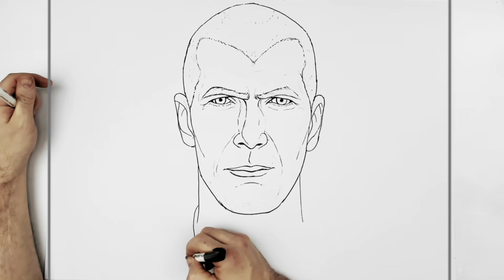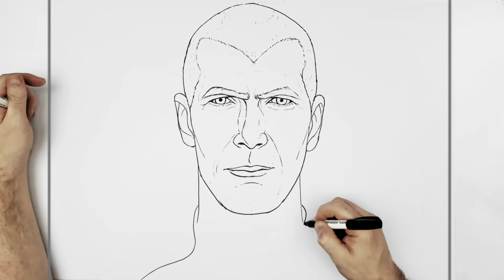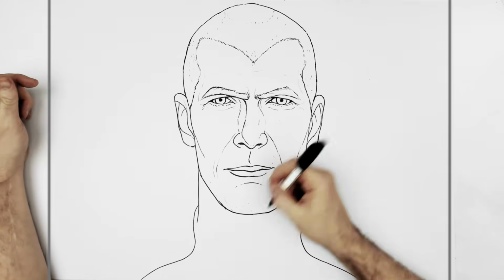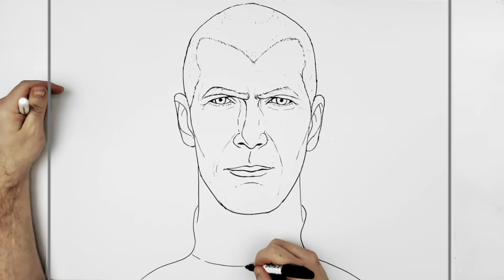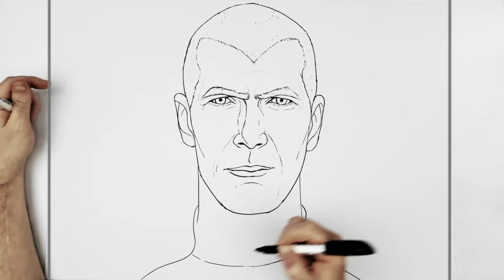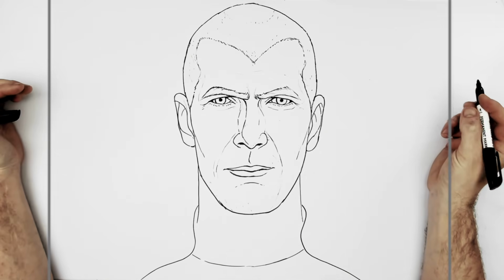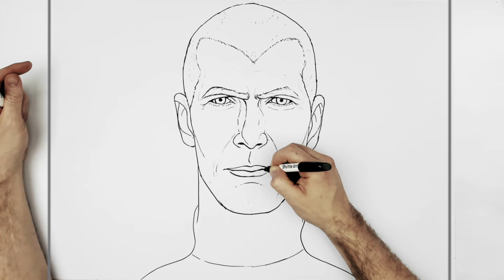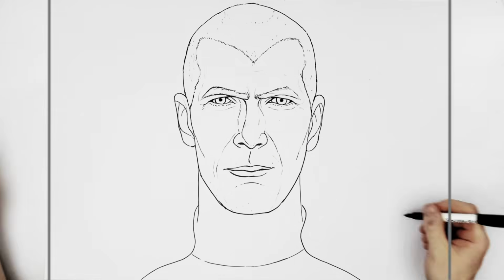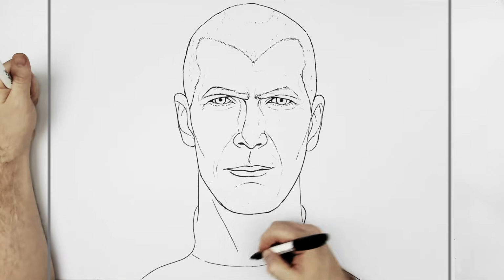It's one of these ones that has two separate collar shapes. Like so, and then sort of necklines going that way.